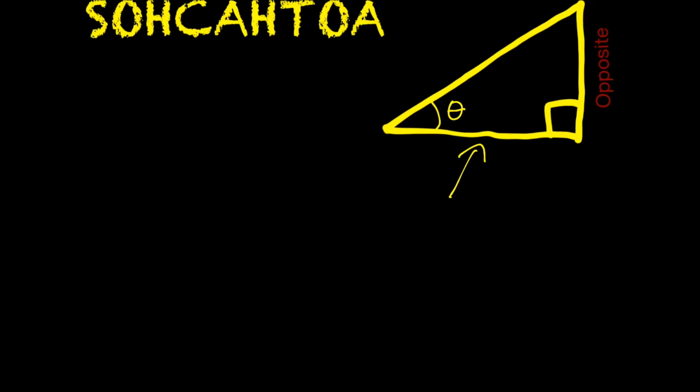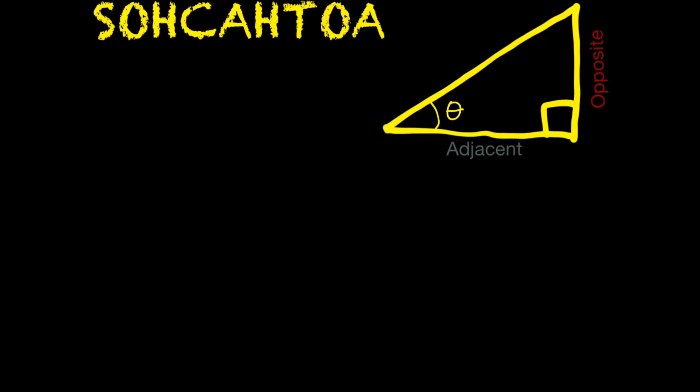So let's mark that as adjacent. And then the long side of the right triangle, as we know from other videos, is called the hypotenuse. So we'll label that one the hypotenuse.